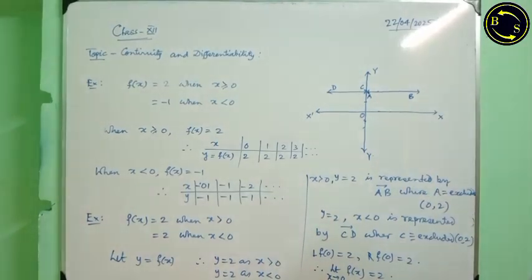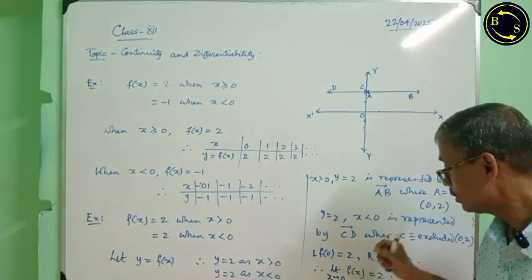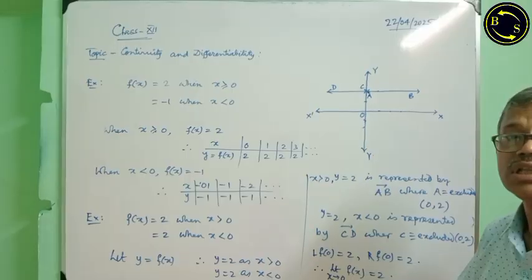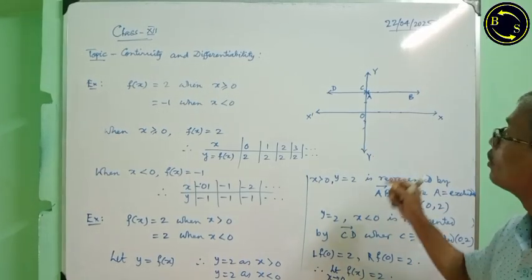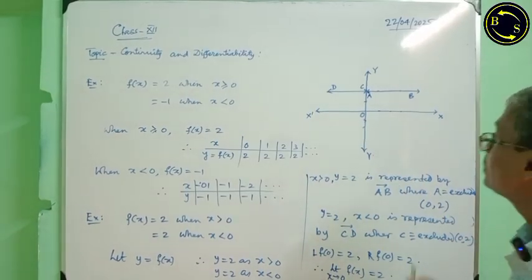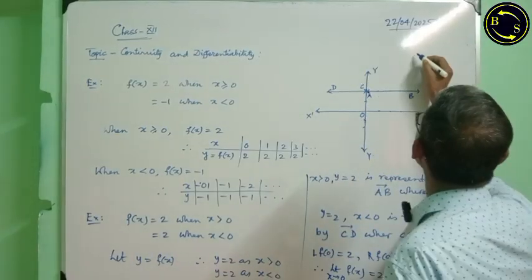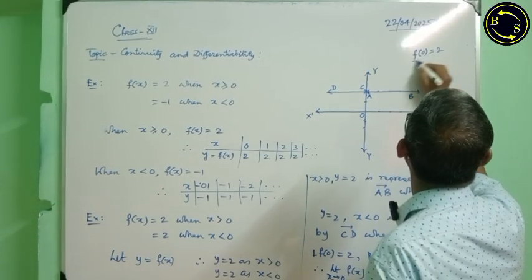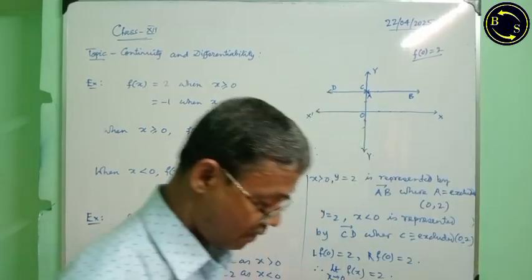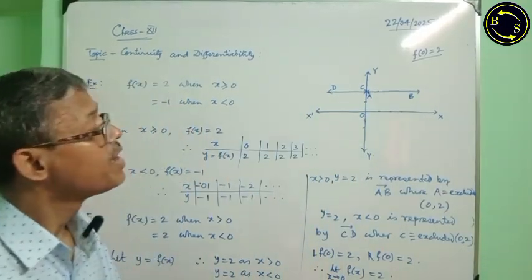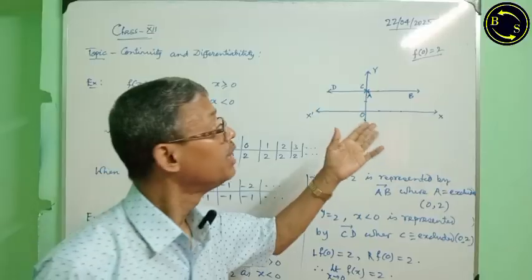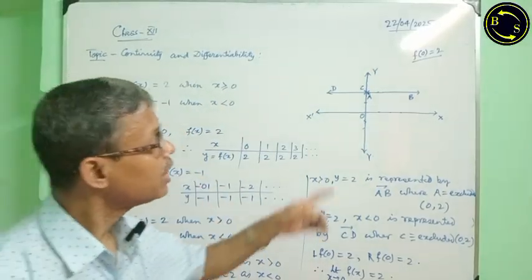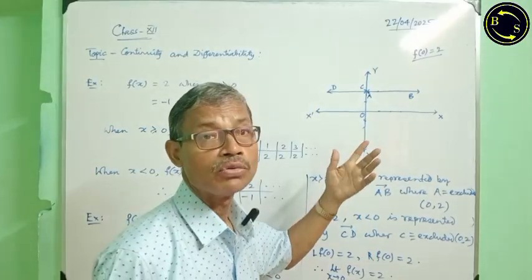Now, if it is mentioned that f(0), that means value of the function, is also 2, that means if it is given f(0) is 2, that means value of f(x) when x equal to 0 is also 2.